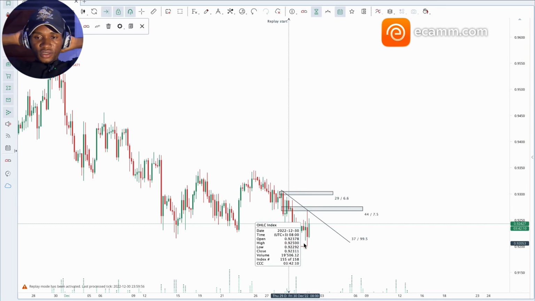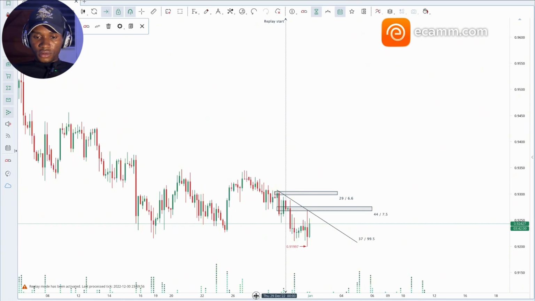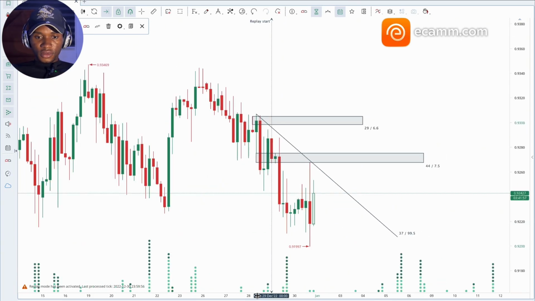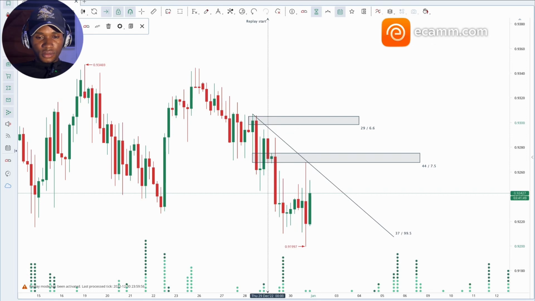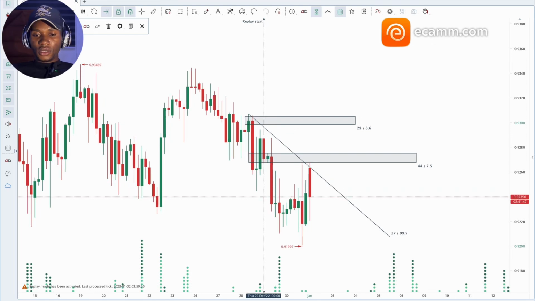We're gonna wait for this market to come back to my trend line, then I'll go to the lower time frame as usual to know what to do. Okay, market is in my zone, so I go to the lower time frame now.